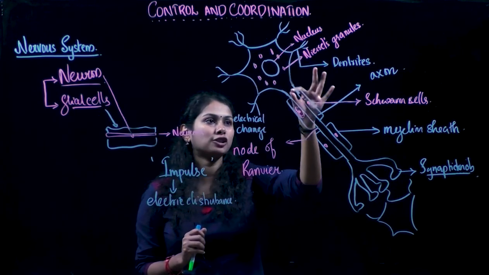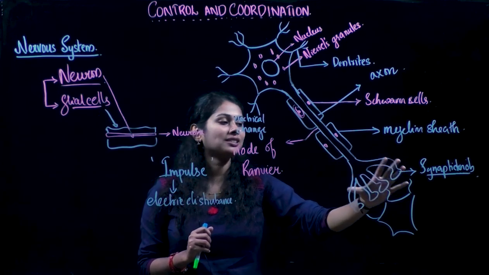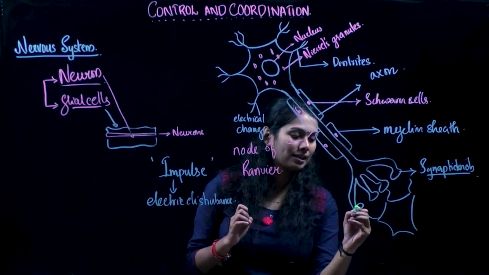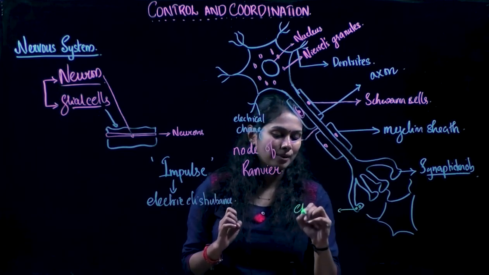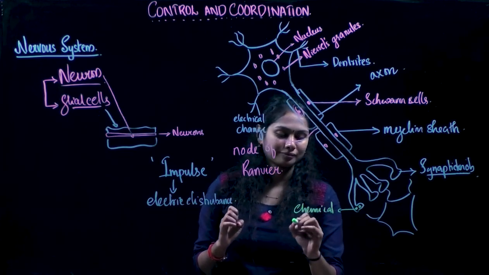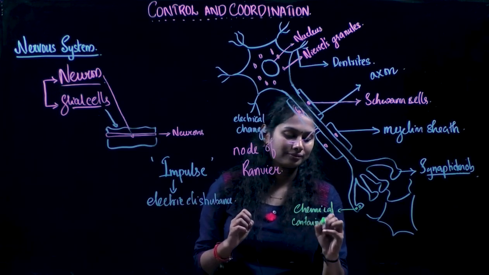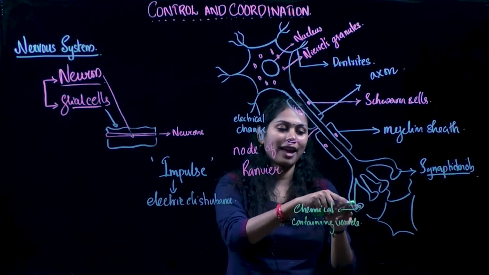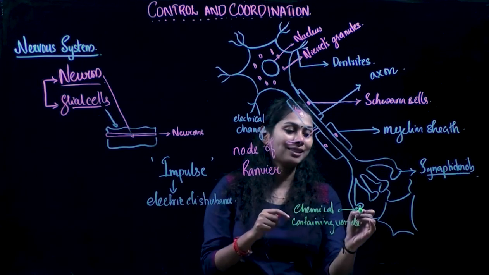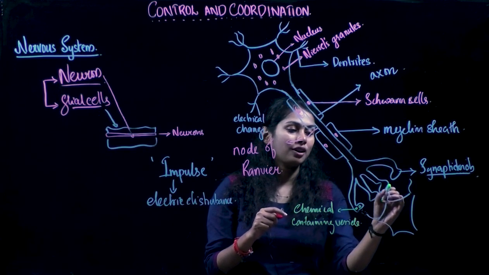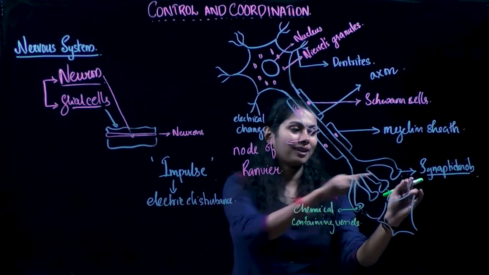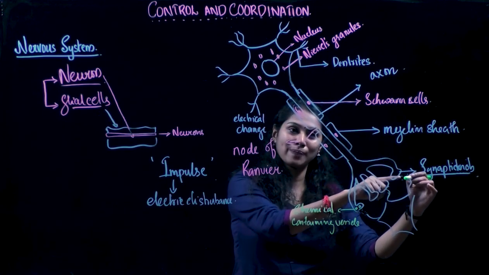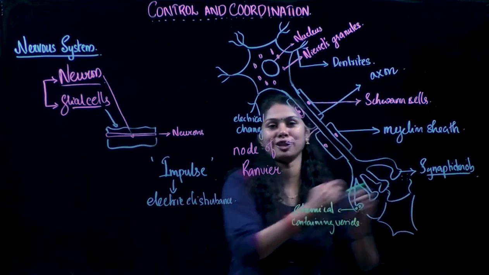This impulse is carried through the axon and distributed to the synaptic knobs, which have chemical-containing vesicles. These are released when an impulse reaches this end, and the chemicals are transferred to the new nerve ending, that is the dendrite end, and this new dendrite end takes up these impulses and carries them to the next cell body.